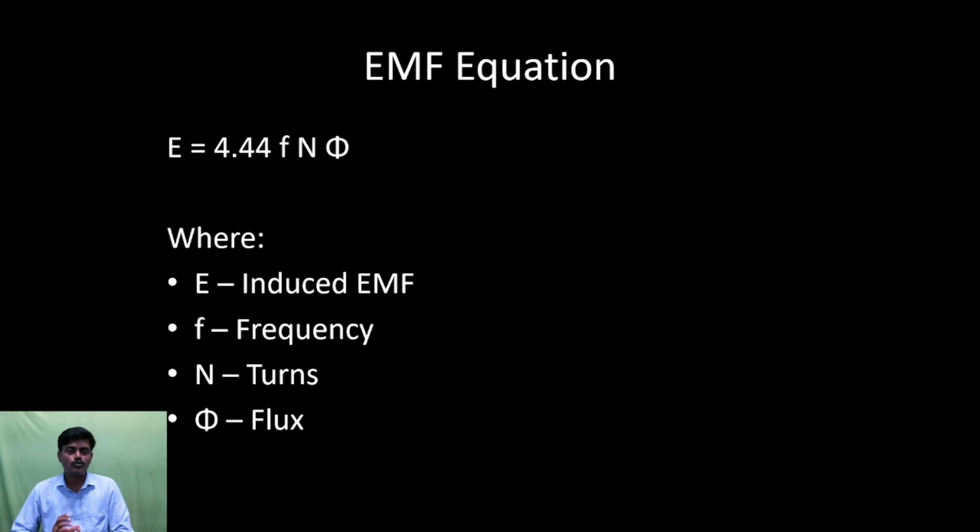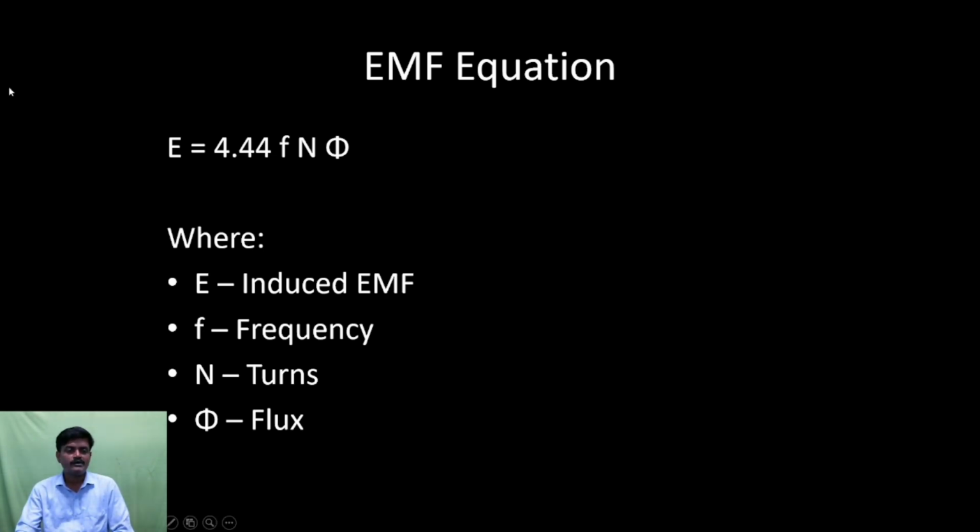So what amount of voltage can I get? That I don't know. By knowing this equation, I can measure, if I wind this many turns, what amount of voltage I can get at the output.